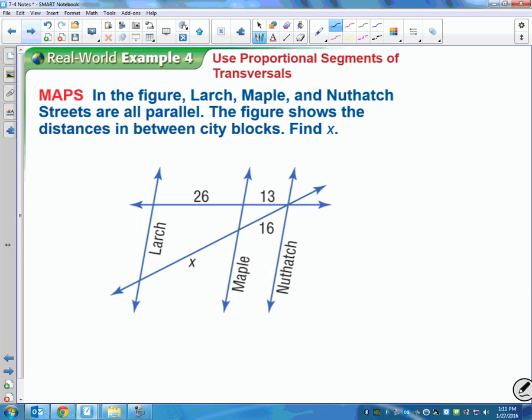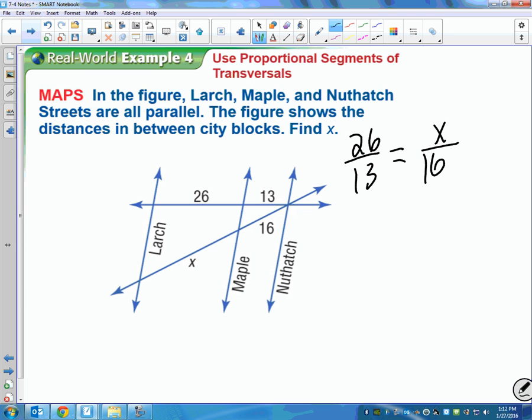Find x. So here's where you just have to know that these are proportional. So you can say 26 over 13 is equal to... well, 26 over 13 is equal to 2 over 1. But you can match, right? This over this is going to be proportional to this, x over 16.